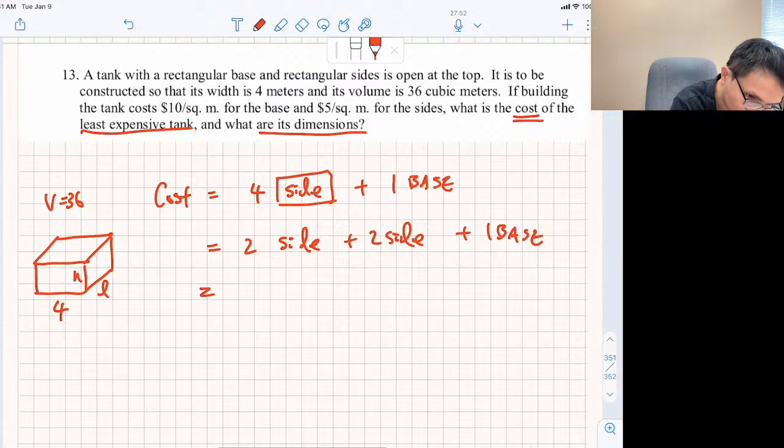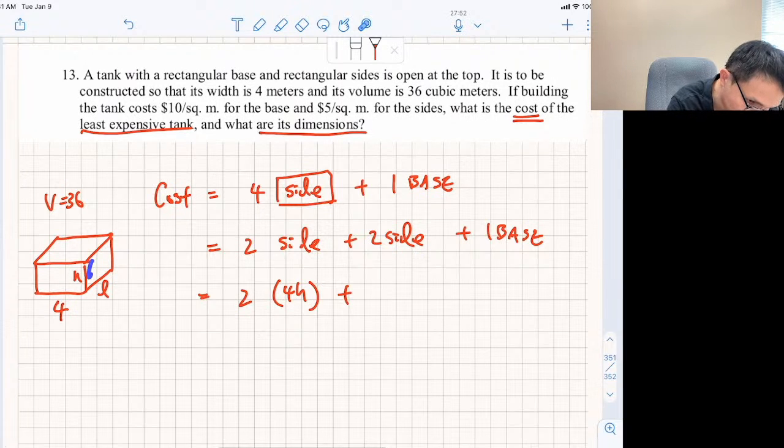One side is 4h, and the back side is also 4h, so that is 2 times 4h.